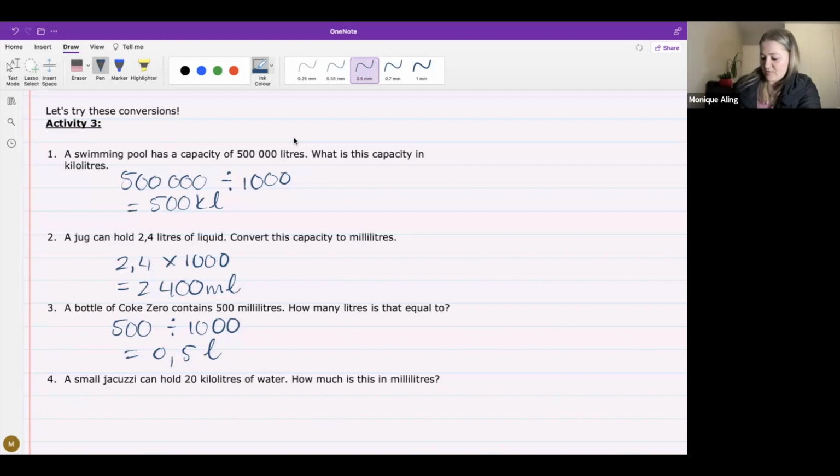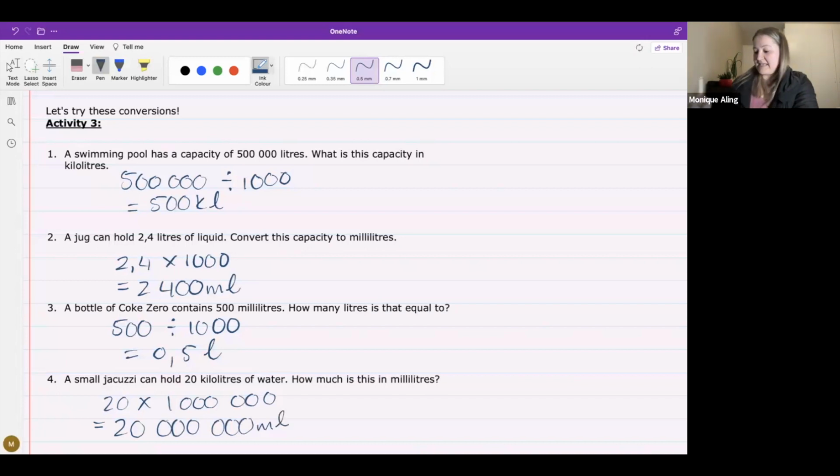So we take our 20 kiloliters and we times by 1 million. 20 million milliliters. Fantastic. Good. Okay, amazing.